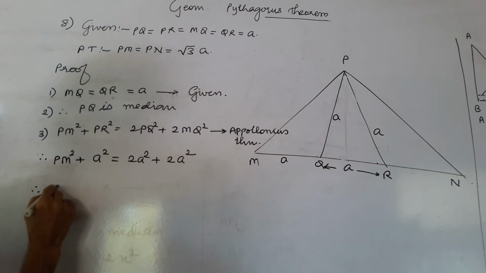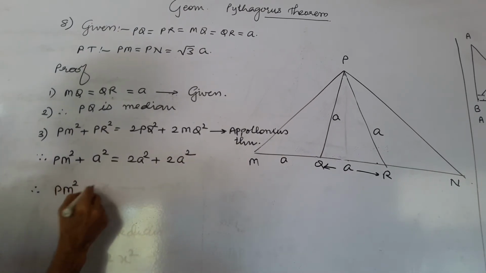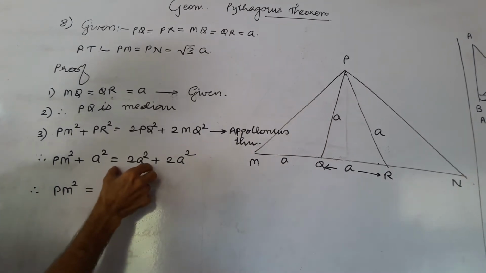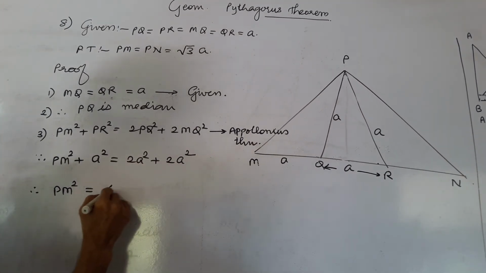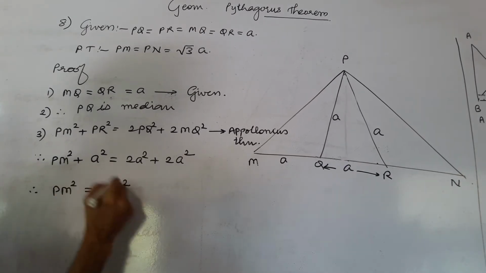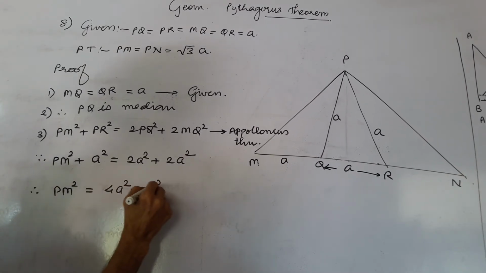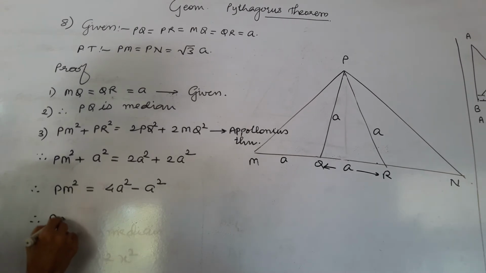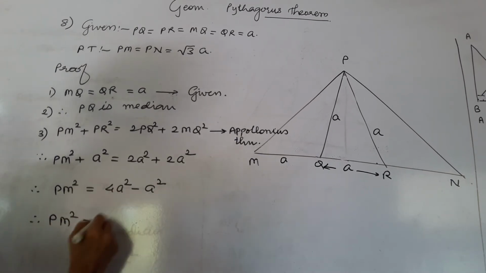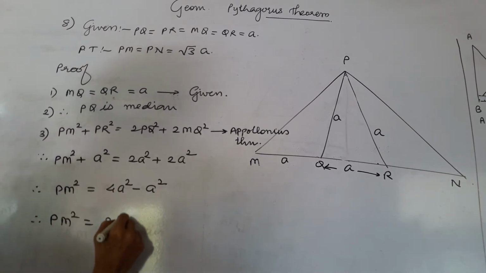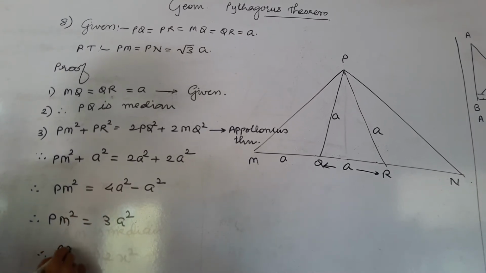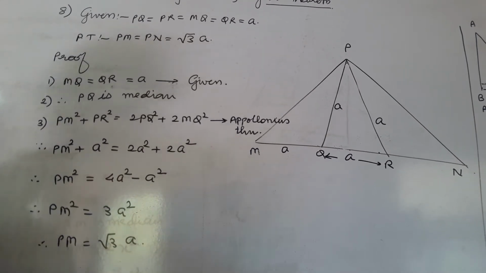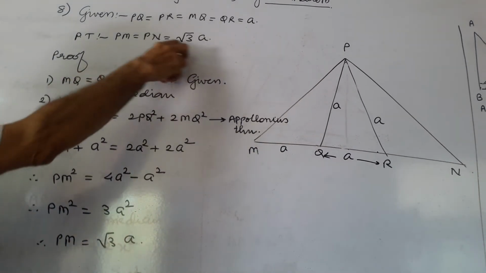Therefore PM square is equal to 2A square plus 2A square, 4A square, and plus A square will go to that side and become minus A square. Therefore PM square equal to 4A square minus A square is 3A square. Taking square root, we get PM equal to root 3A.